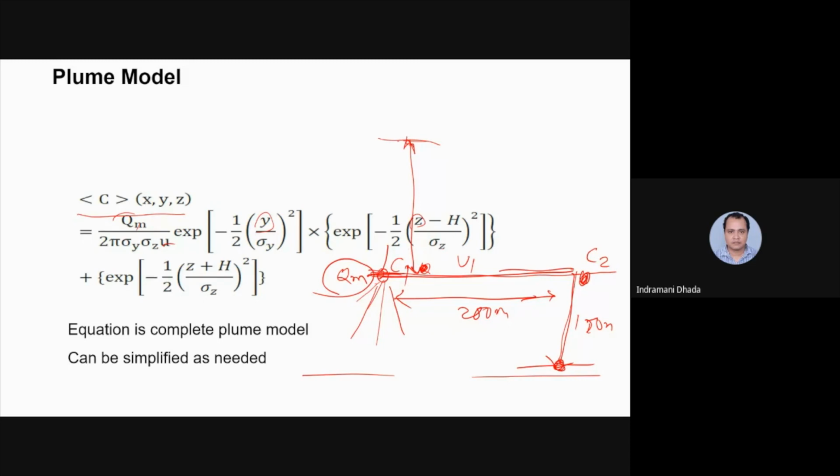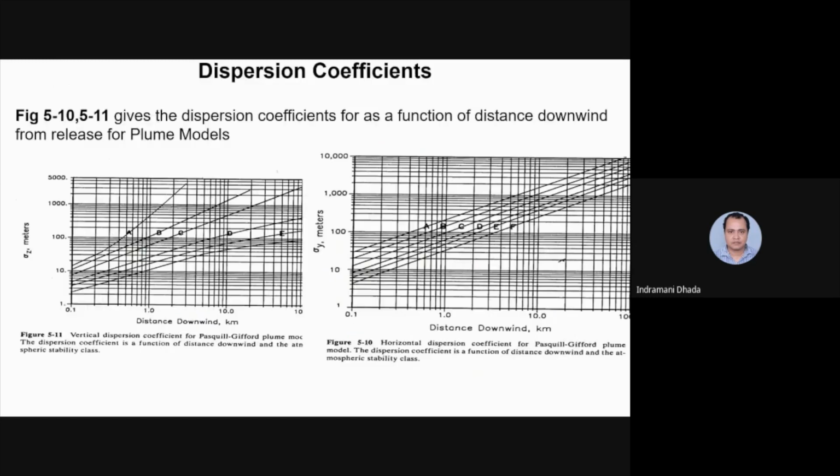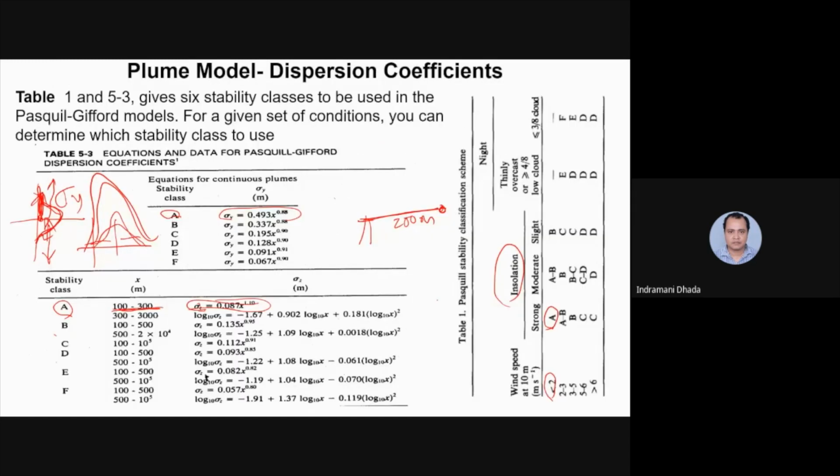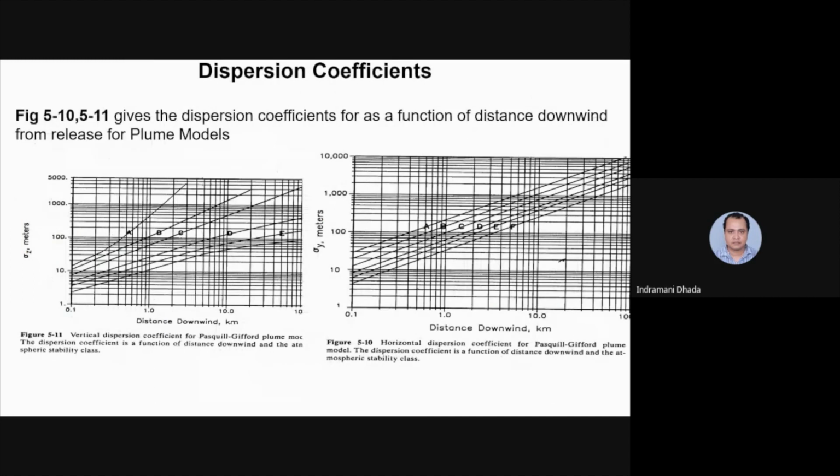And second thing, the x is not in this equation because we are not considering x here, but to get the stability condition we need this x. For this 200 meter we can go to the previous table. For the stability condition we need the x. Based on the x we can say this is the equation for this, then we will get the sigma z. Okay.